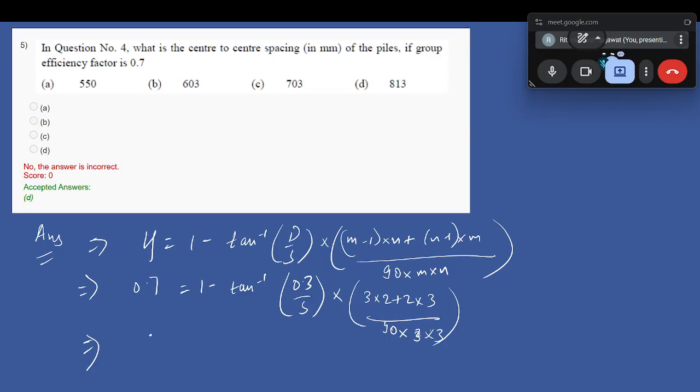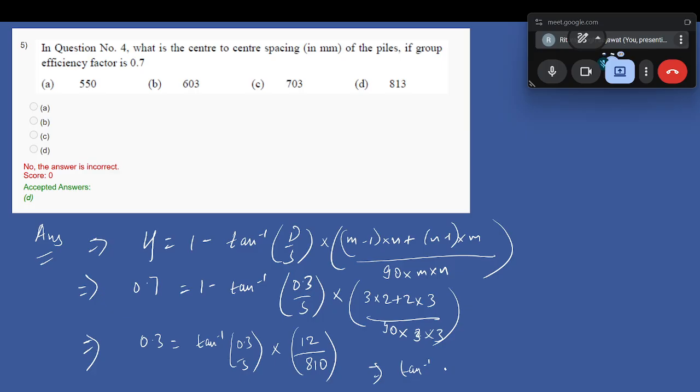So let's see how it works. It's 0.3, tan inverse 0.3 by S. How much is this? 3 into 2 is 6, 6 plus 6 is 12, 90 into 9 is 810.